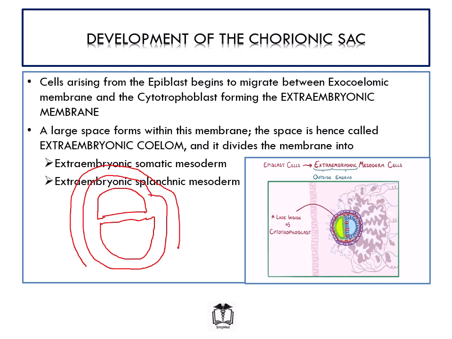So just imagine cells starting to migrate from the epiblast and forming between these structures, between the cytotrophoblast and between the amnion and the extracoelomic membrane, which is the yolk sac. These cells just fill the space as shown here.